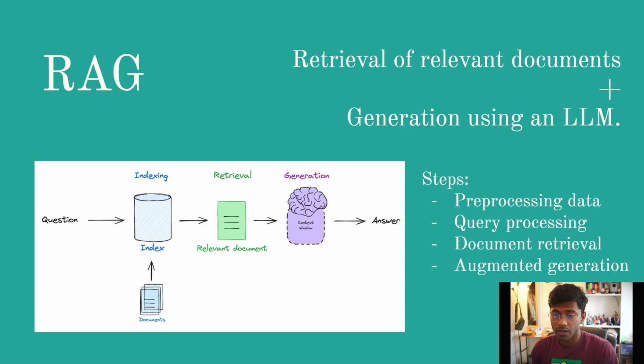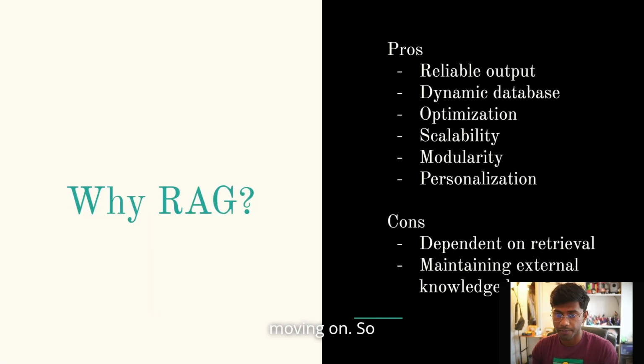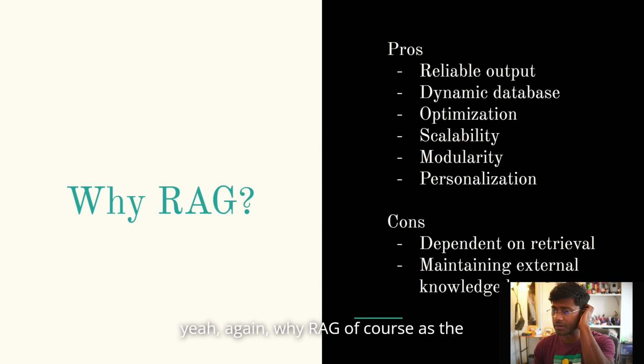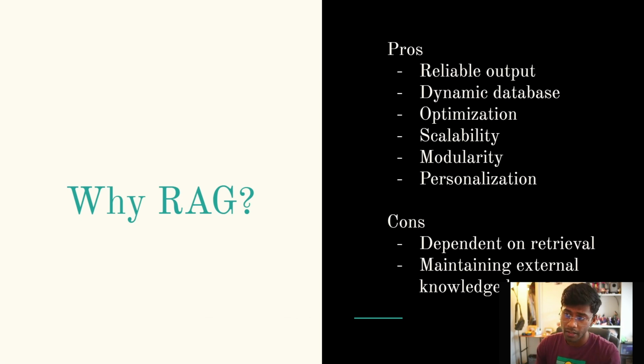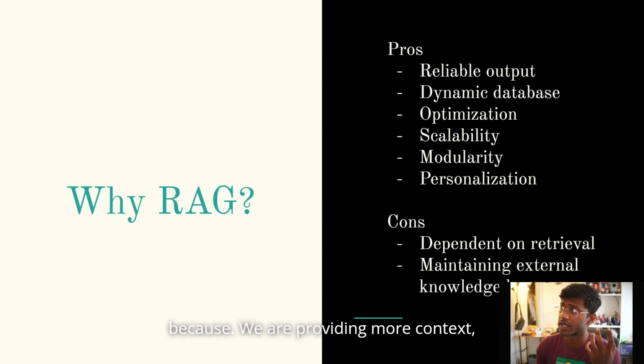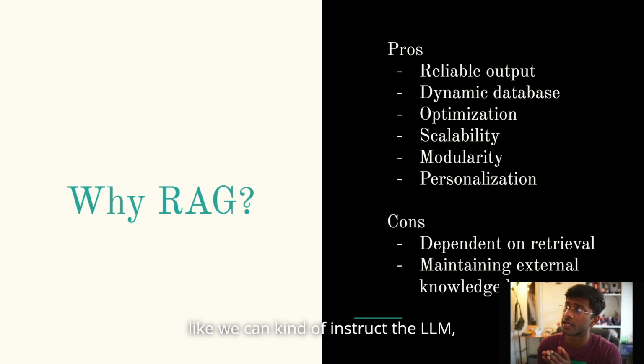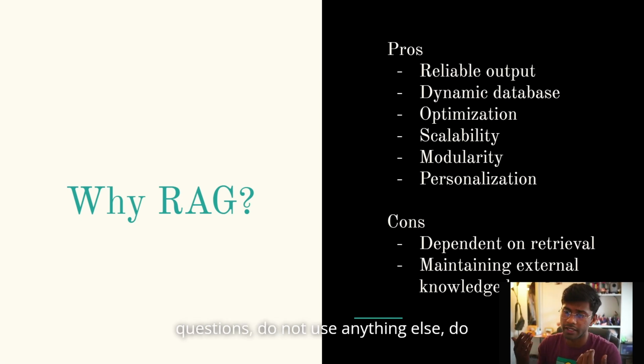Okay, moving on. So again, with RAG, of course, the output tends to be more reliable, because we are providing more context. We can instruct the LLM: just use this data to answer these questions, do not use anything else, and if something cannot be answered from this context, please say I don't know.